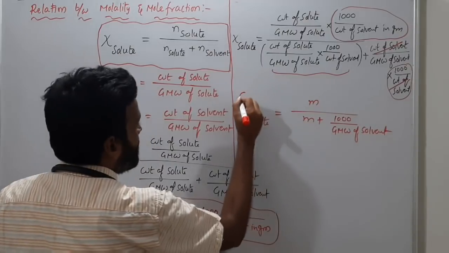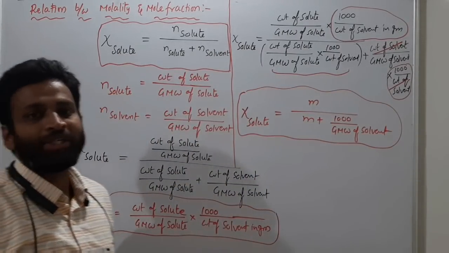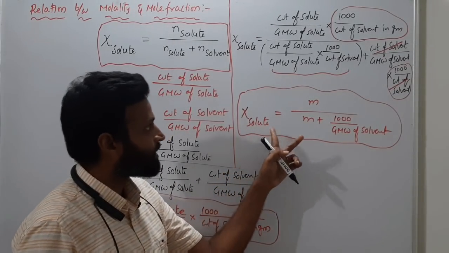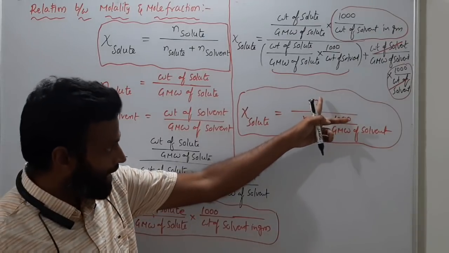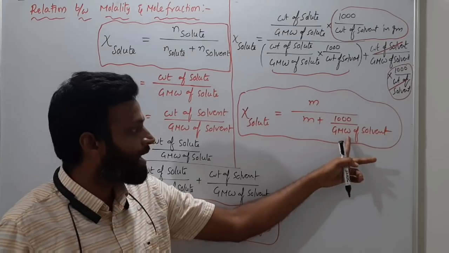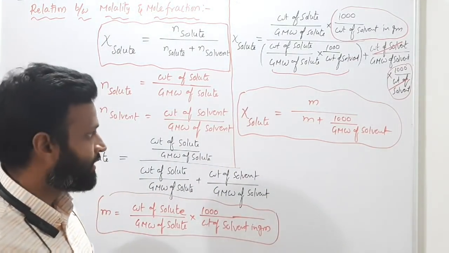This is the important relation between mole fraction and molality. Mole fraction of solute is equal to molality by molality plus 1000 by gram molecular weight of solvent. Observed everyone clearly?